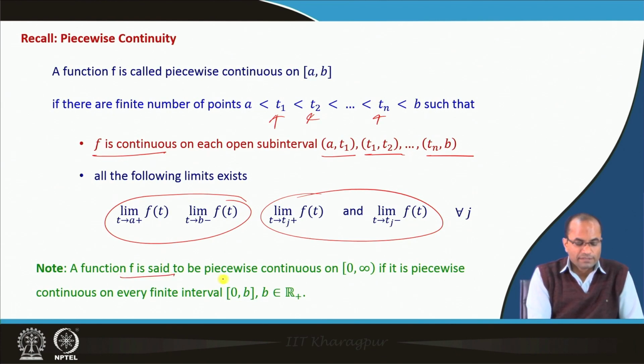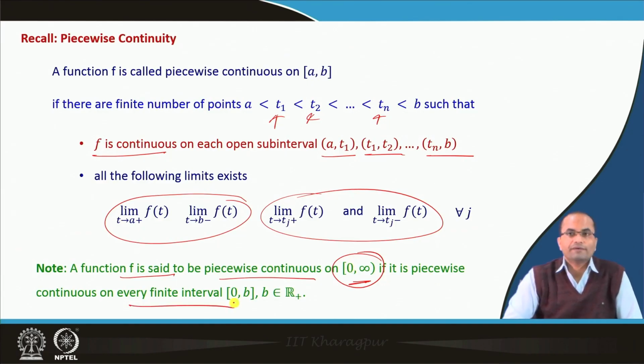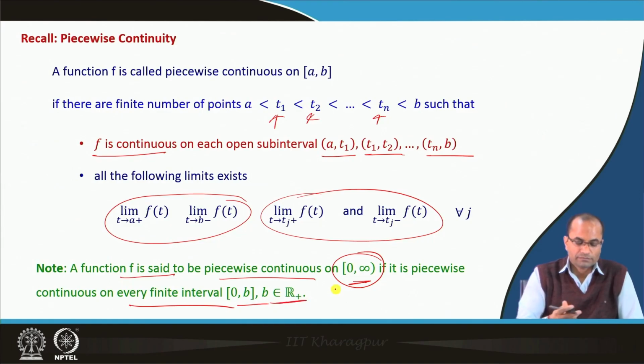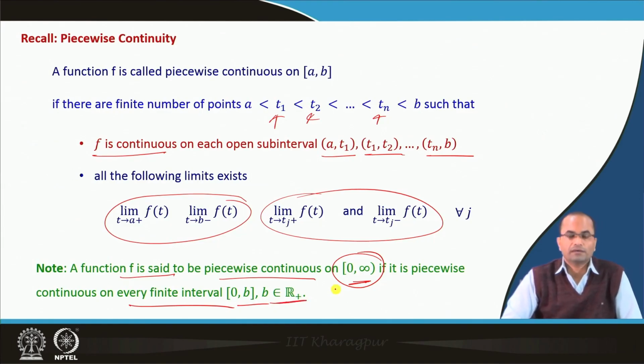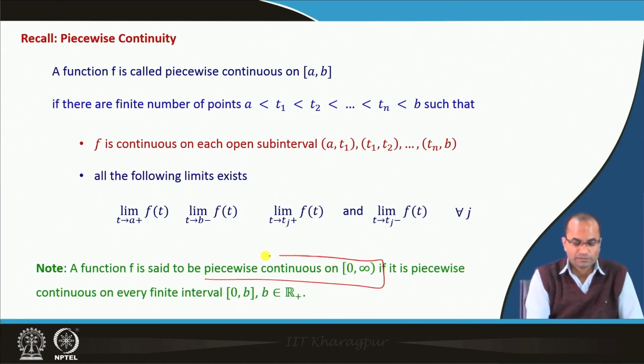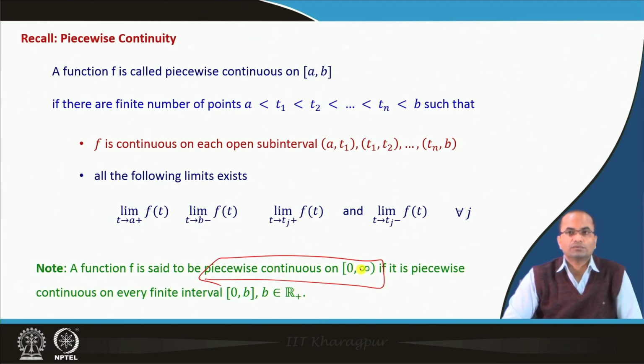So, a function f is said to be piecewise continuous on the whole interval 0 to infinity if it is piecewise continuous on every finite interval 0 to b, and if we can do this for any positive real b, then we call the function f piecewise continuous on the interval 0 to infinity.